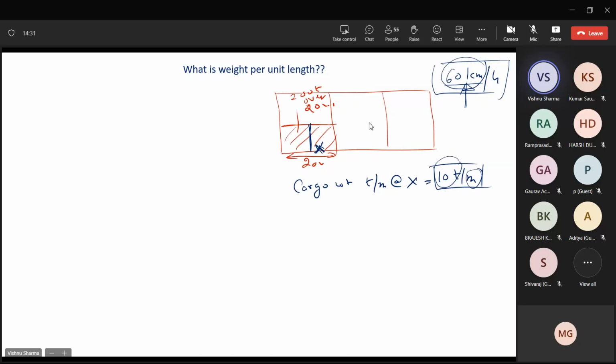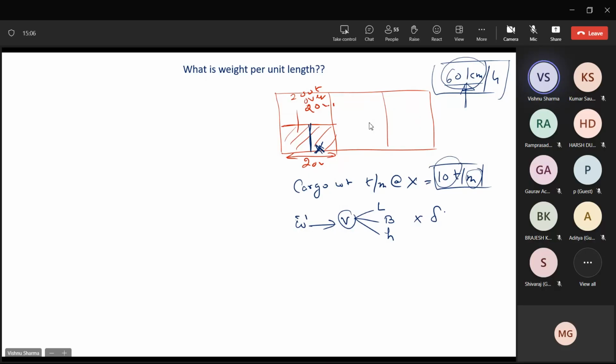Now, if you look at this diagram that I have drawn, what will the weight of the cargo per unit length depend upon? The weight of the cargo in the hold, or at any point, will depend on basically the volume of the cargo. The volume of the cargo in turn will depend on the length, breadth and height of the cargo, together with the density of the cargo.